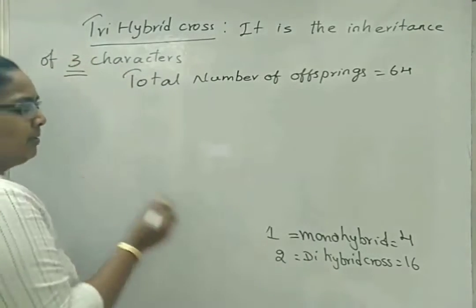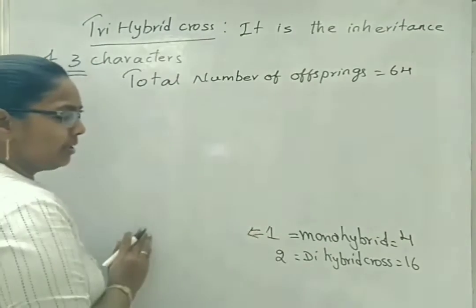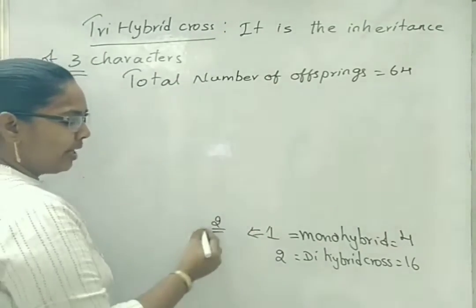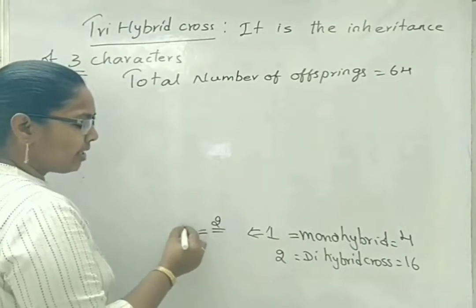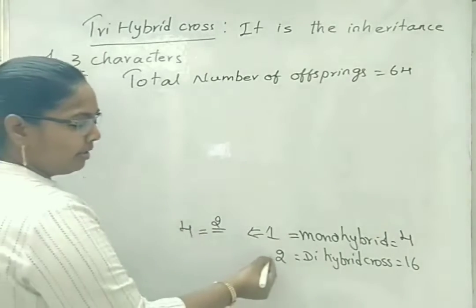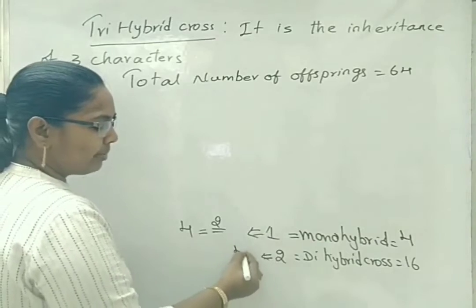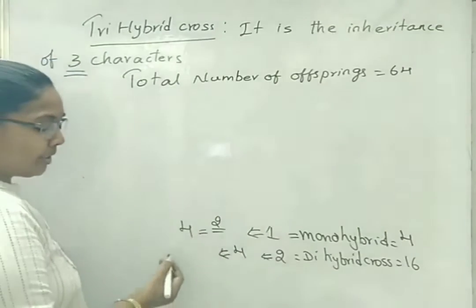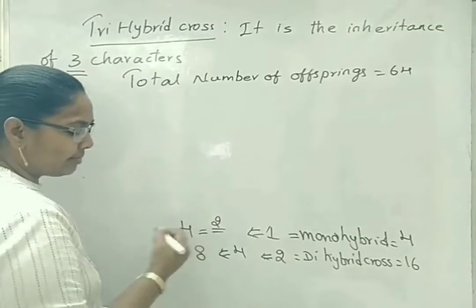Now, in monohybrid cross, we have seen types of gametes are 2 and total number of gametes are 4. In dihybrid cross, we have seen types of gametes are 4 and total number of gametes are 8.